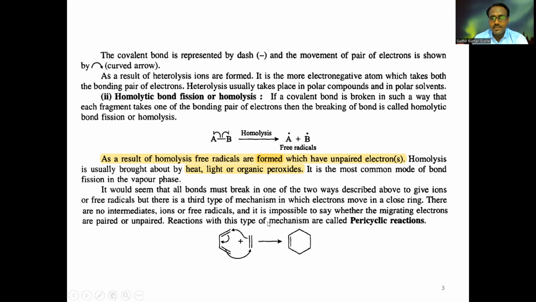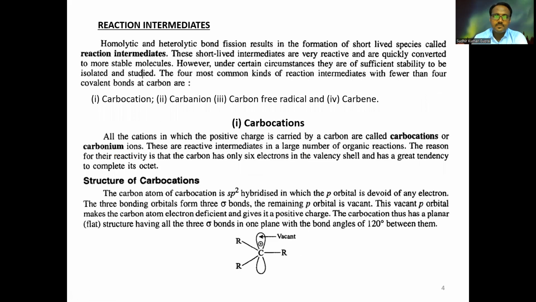That happens when the migrating electrons are paired. This type of reaction is called a pericyclic reaction, where bond formation and bond breaking take place in a cyclic manner, and it is a concerted, continuous process. But our concern in this unit will be only with homolytic and heterolytic cleavage.